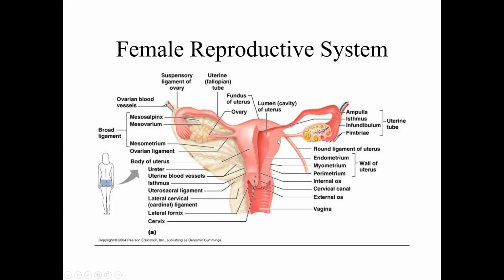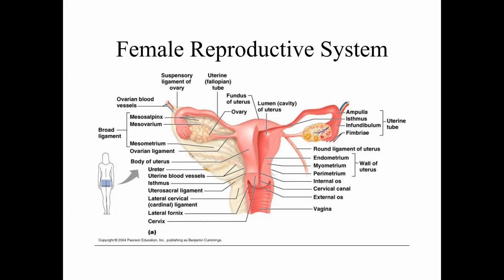Now, the primary structure we see first is the uterus. The uterus is about the size and shape of an inverted pear. So it's between 2 and 3 inches long, with the fundus, the curved part at the top, narrowing down to the cervix and the vagina at the bottom.